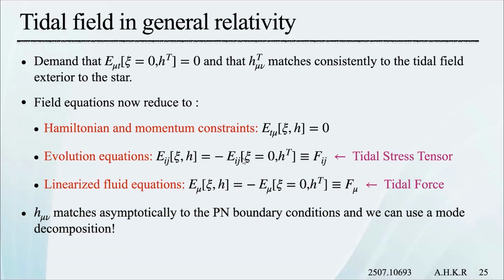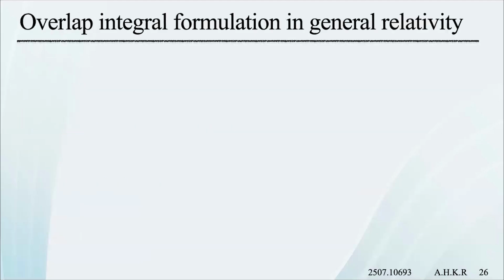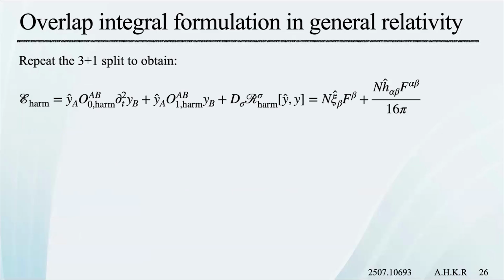And the self field, of course, because of this consistency condition, matches asymptotically to the post-Newtonian boundary condition, and then you can use the mode solutions that we described in the last few slides. At the end of all this, you go back to the 3+1 split of the Lagrangian identity, but you now have a force on the right-hand side, which depends on the force and the tidal stress tensor.